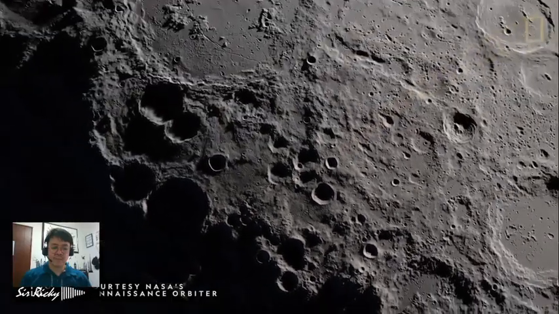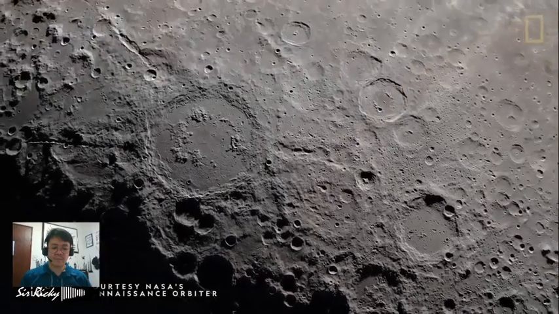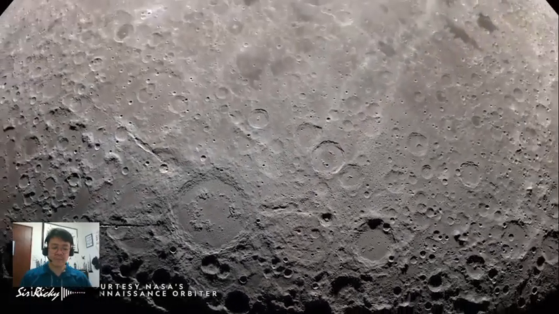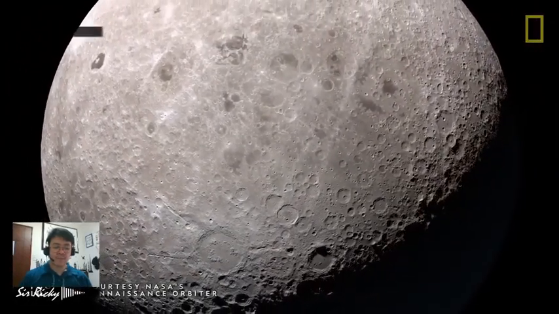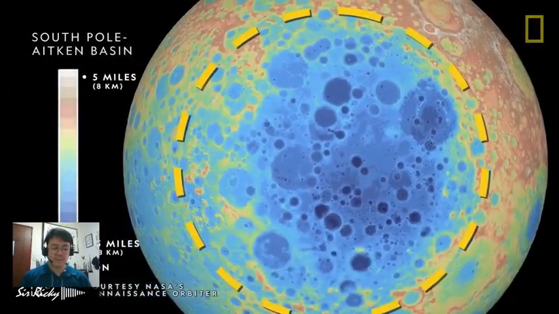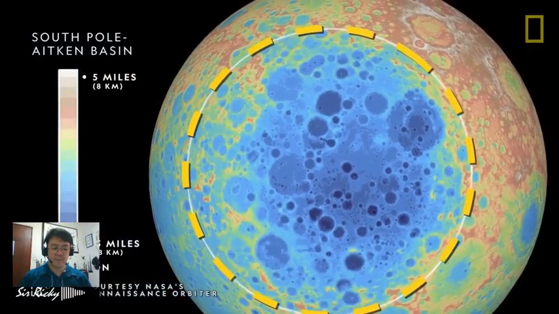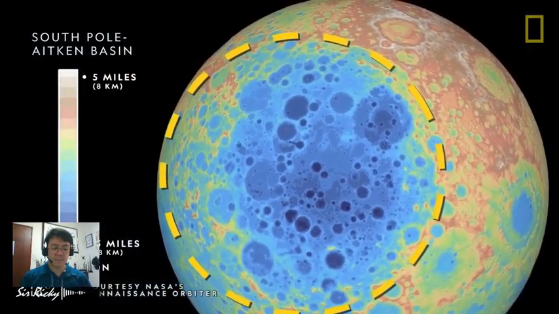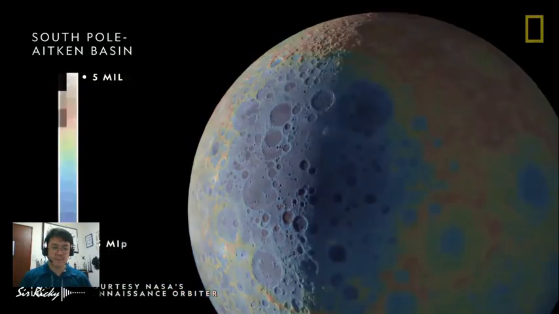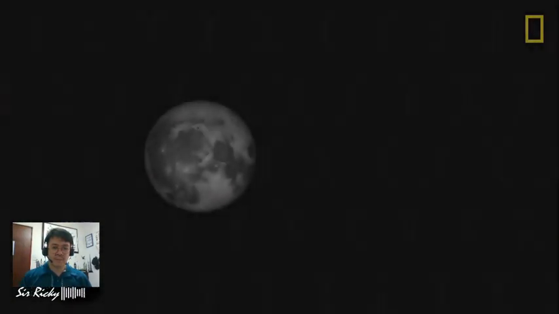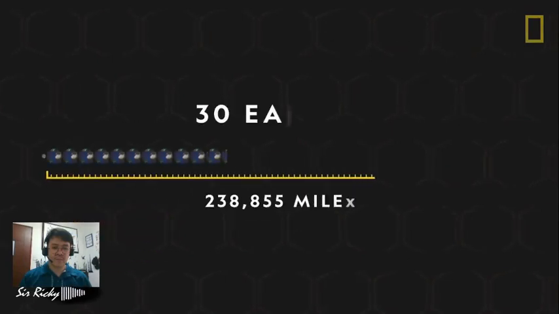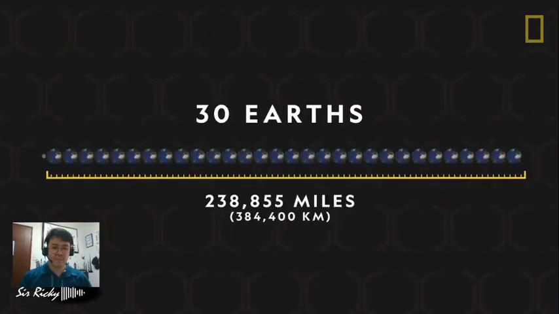Countless craters dot the moon's surface, each formed by objects such as meteoroids, comets, and asteroids crashing onto the moon. The largest crater, the South Pole Aitken Basin, spans across a quarter of the moon's surface and is nearly deep enough to fit Mount Everest inside. The moon orbits our planet at an average distance of 30 Earths.